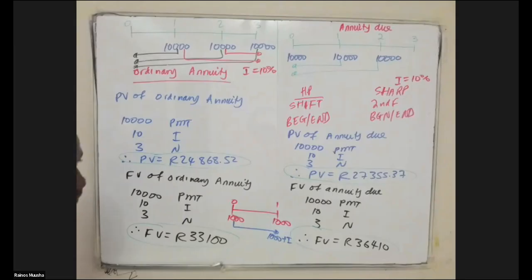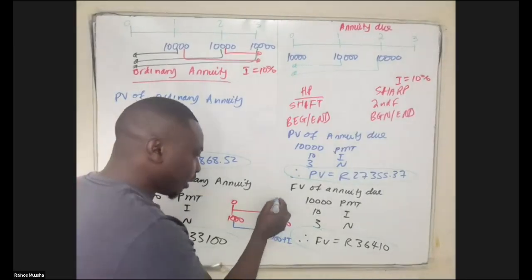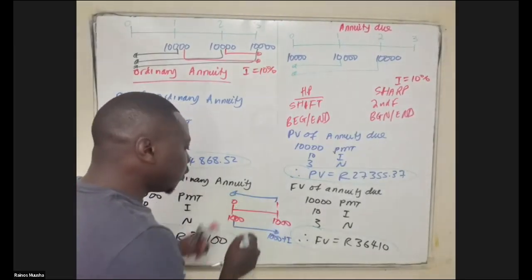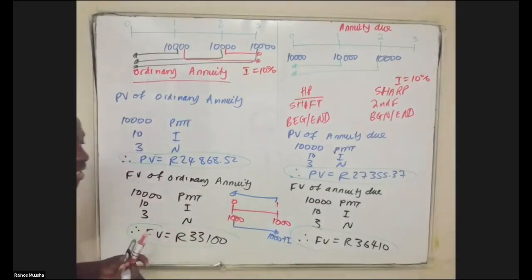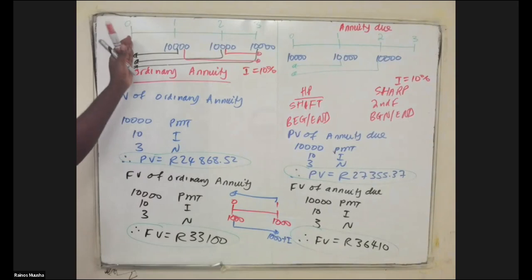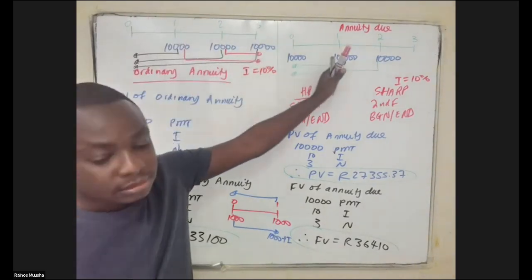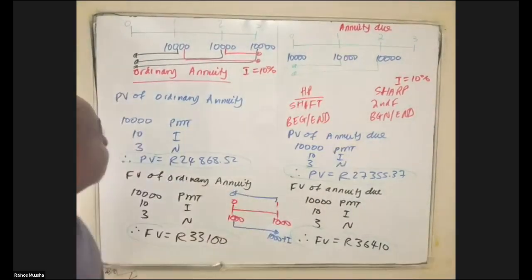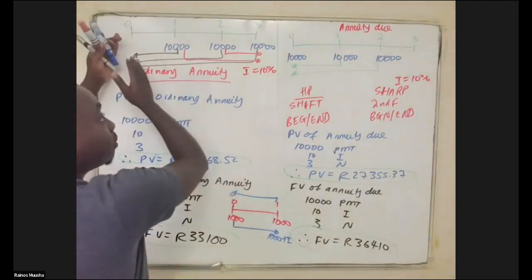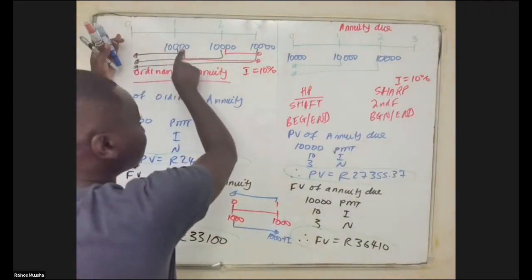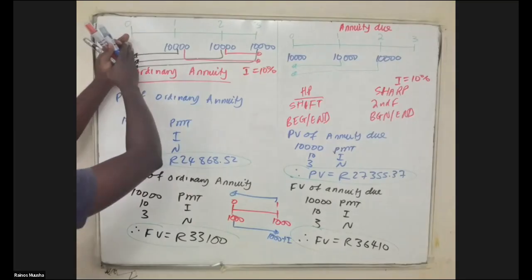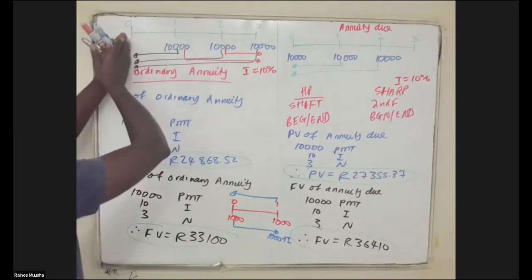And also, the 1,000 rand that you're getting after 1 year is actually worth less to you today. So you'd rather get your money today. Do you see that the timing of your cash flows is very, very important? Because if you are discounting these cash flows back to present value, this 10,000 rand is going to be worth less if you discount it. This one is going to be worth a lot less.